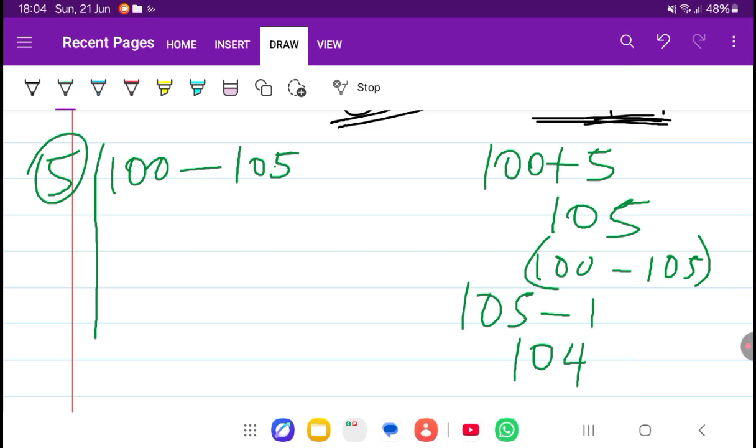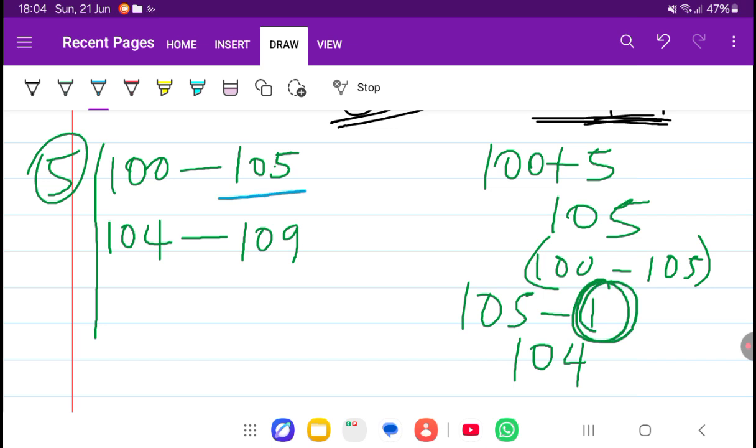So you see this 104 will be here. Then 104 plus 5, it will be 109. The reason why we subtracted this one is because we want this one and this one to have a difference of 1, so that we add the 0.5 to get our class boundary.